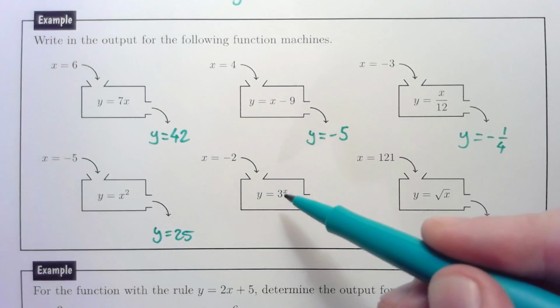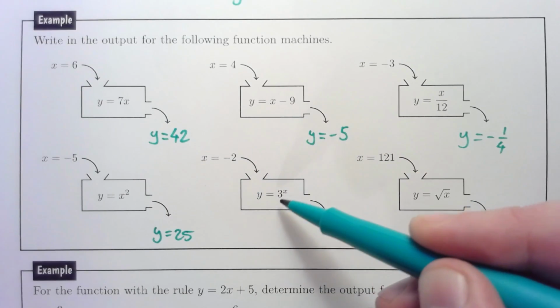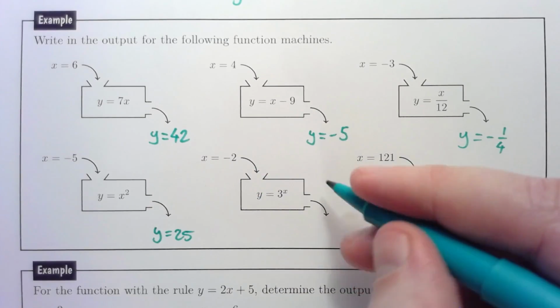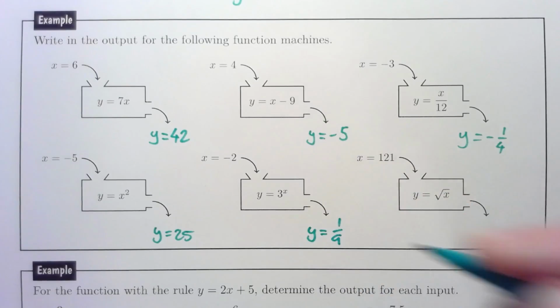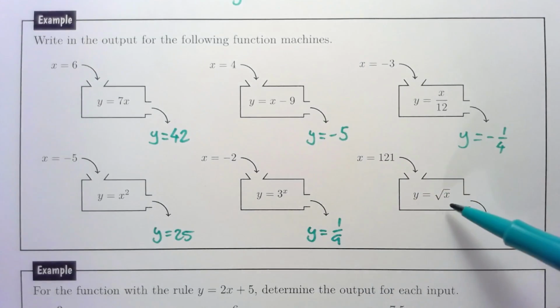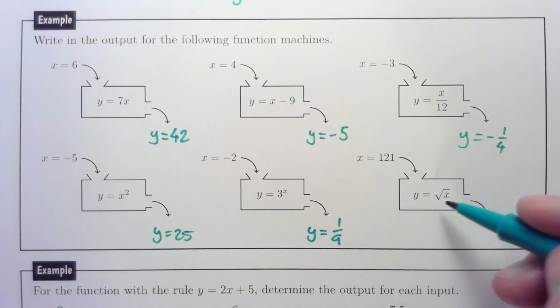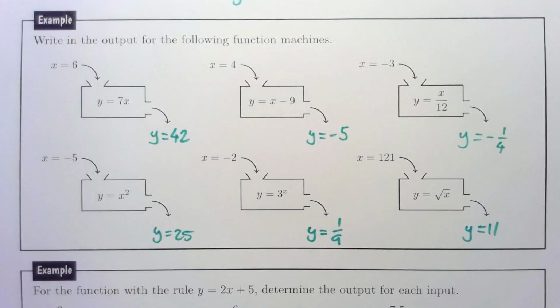We can have a number to the power of our input. So if we got 3 to the power of x, and x, our input, is negative 2, 3 to the power of negative 2 is 1/9. So our output is 1/9. We could even have the square root of our input. So the input here is 121. The square root of that input is our output, which is 11.